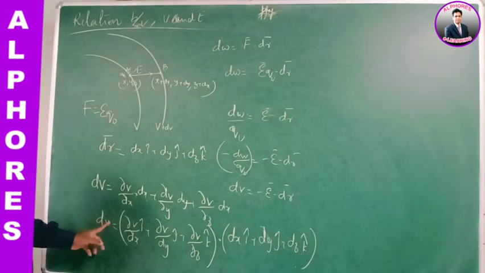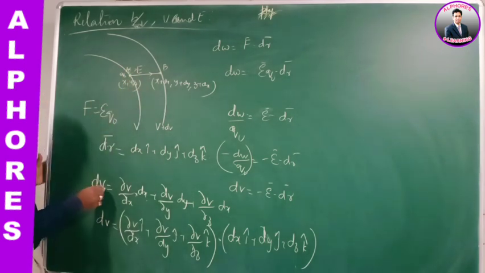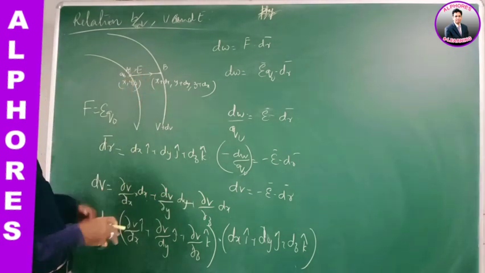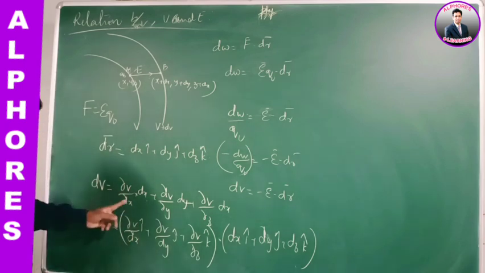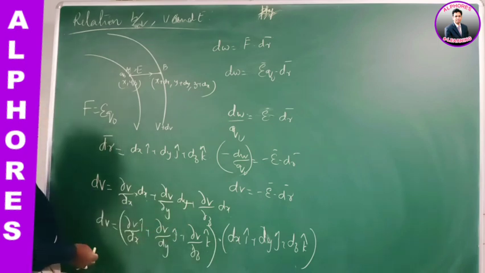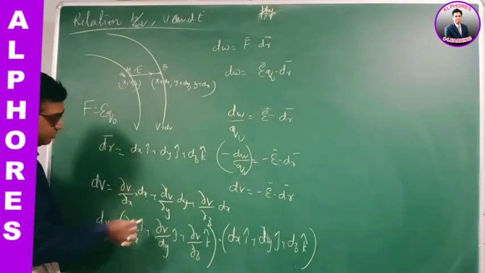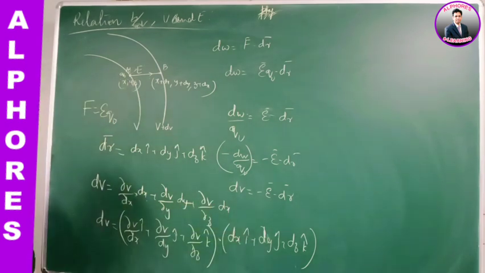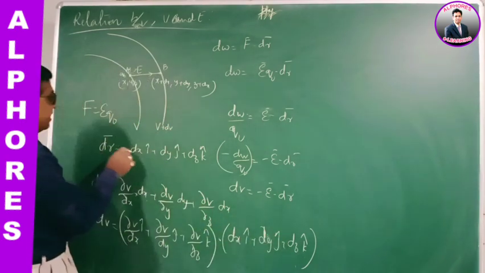So this is the total potential difference between these two points. Let me multiply dx with dx, dy with dy, because the potential variation is along x, y, z, and the electric field components are along x, y, z. Splitting into vector form, this is a dot product: (a1 i plus b1 j plus c1 k) dot (a2 i plus b2 j plus c2 k) is a1a2 plus b1b2 plus c1c2. So dx i cap, dy j cap, dz k cap is dr bar.